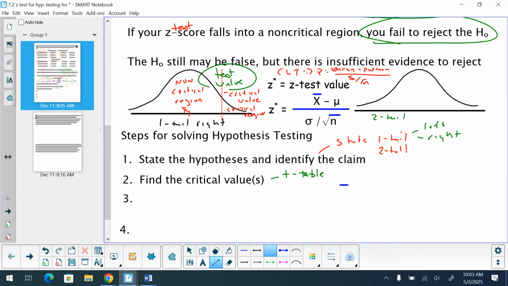If I'm dealing with the one tail left, it's going to be on this side. But here I have two tails. Here are our critical values, on both sides of my mean.